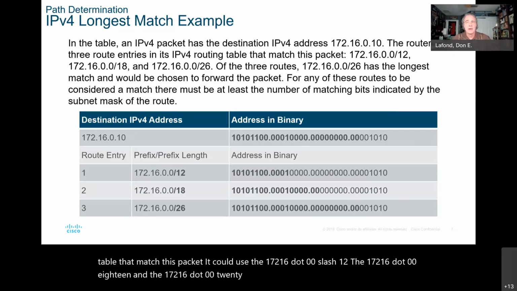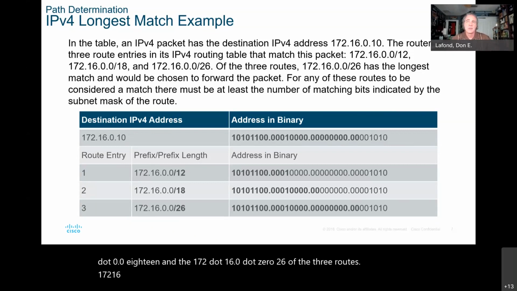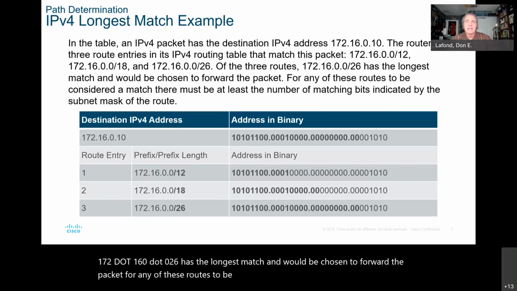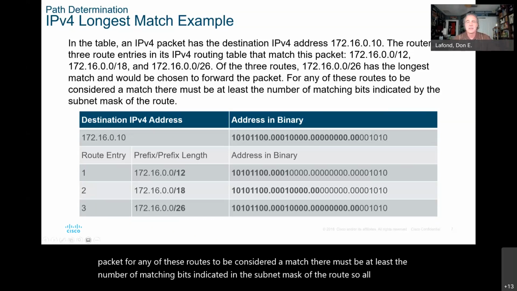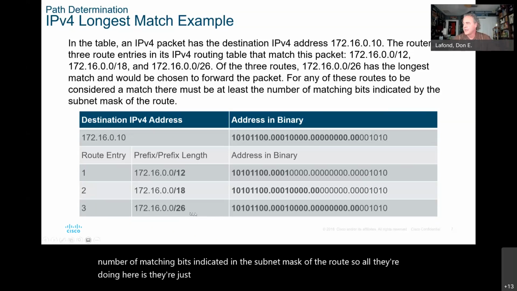Of the 3 routes, 172.16.0.0/26 has the longest match and would be chosen to forward the packet. For any of these routes to be considered a match, there must be at least the number of matching bits indicated in the subnet mask of the route. So all they're doing here is saying a /26 obviously has more ones, or more matching bits, right?